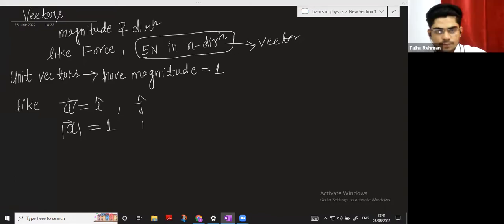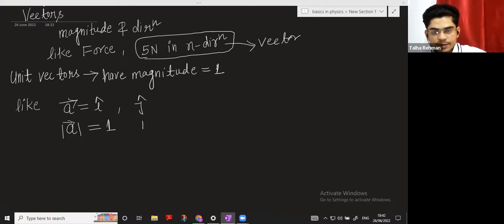So I was discussing the vectors. Vectors are the quantities which have magnitude and direction. An example of a vector is force, like 5 Newton in x direction: 5 Newton is the magnitude, and x direction is the direction of the vector. And after that, I discussed the unit vector.